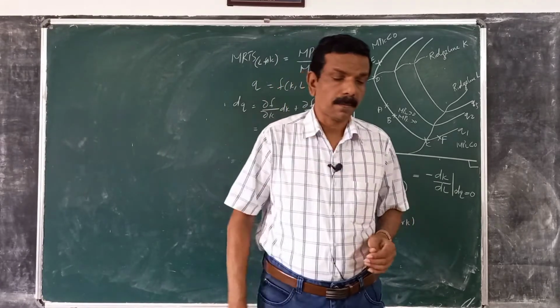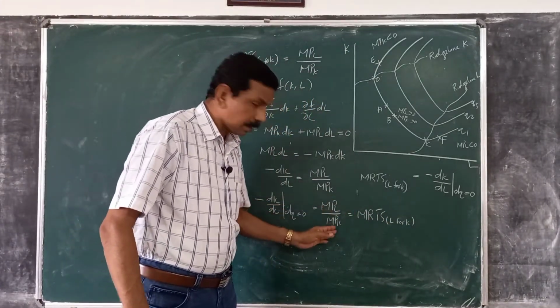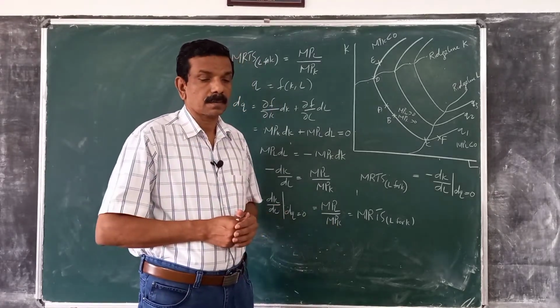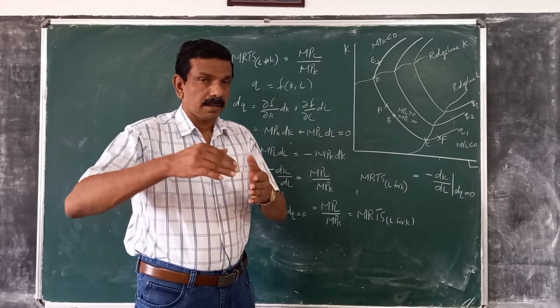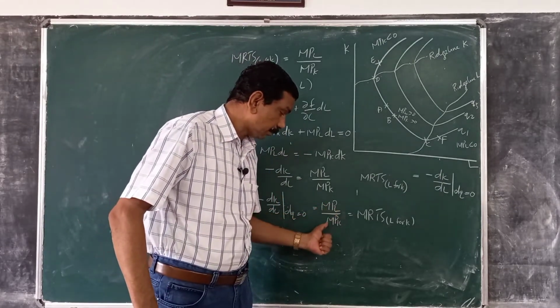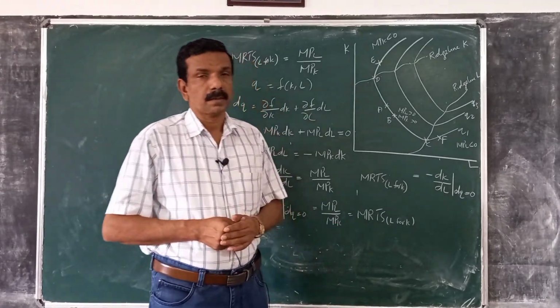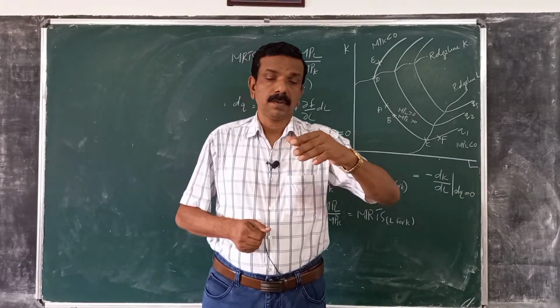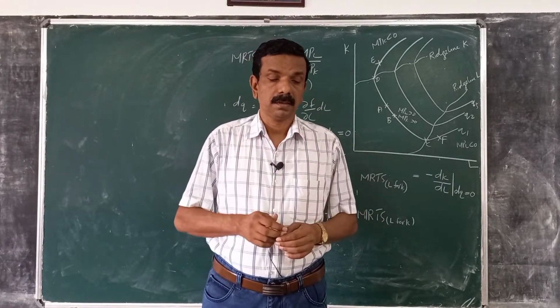MPL and MPK are positive because a profit maximizing firm never chooses a level of output where MPL or MPK is negative or 0, because factors of production will not be available at a 0 cost.